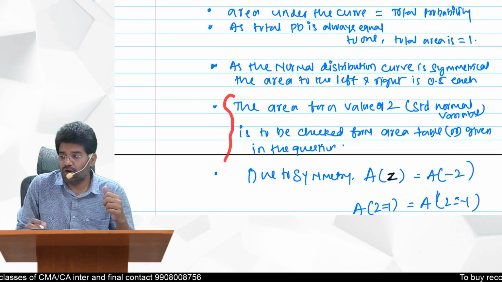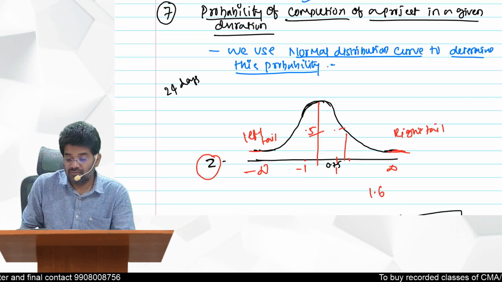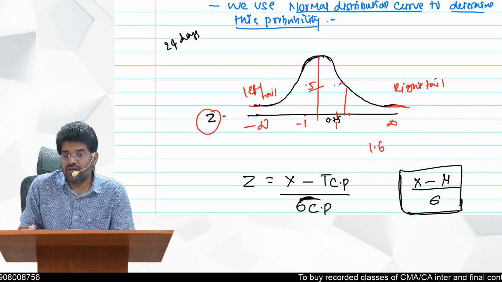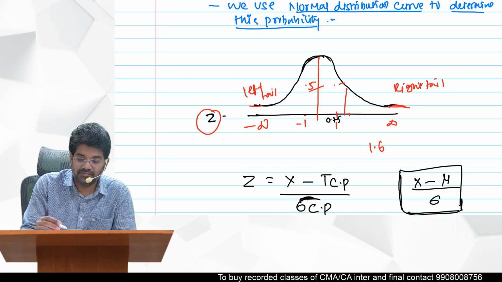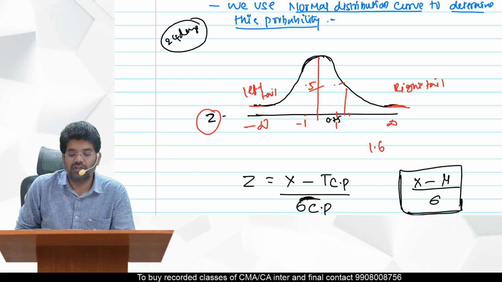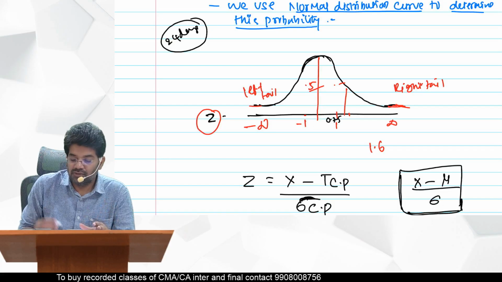So what we need to do is, first, say for example, I got 24 days as my estimated project duration. This is my estimated project duration.